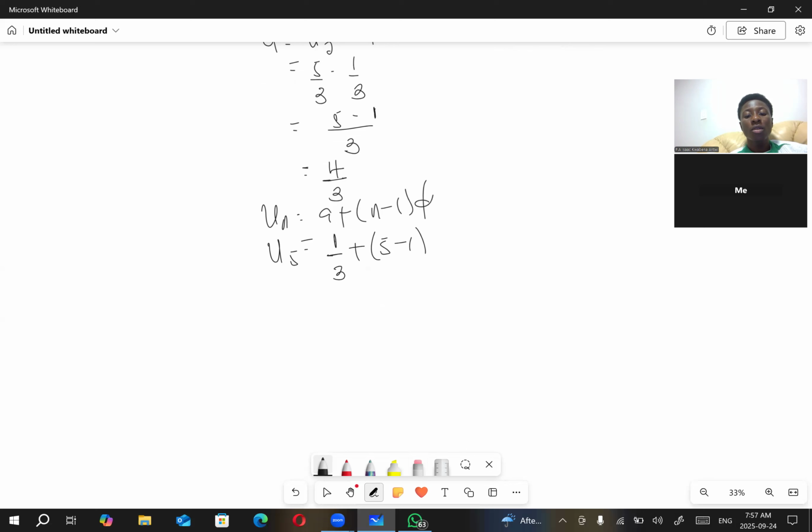The sequence is 1/3, 4/5, 7/9, then 10/13. So this is also in fractions. So let's look at that. Let me know if you are done writing.